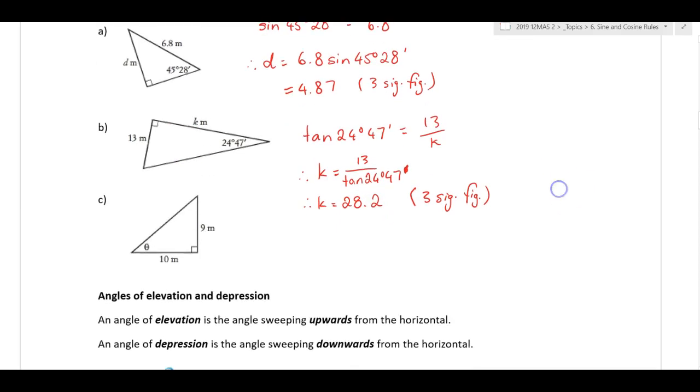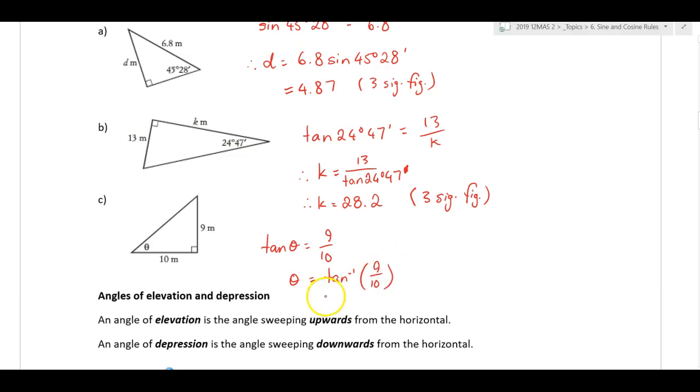Now, for our third question here, I have the opposite and adjacent again. What I don't have is the angle. So opposite and adjacent is again tan, but this time I'm going to say that tan theta equals 9 on 10, and theta is the inverse tan of 9 over 10.